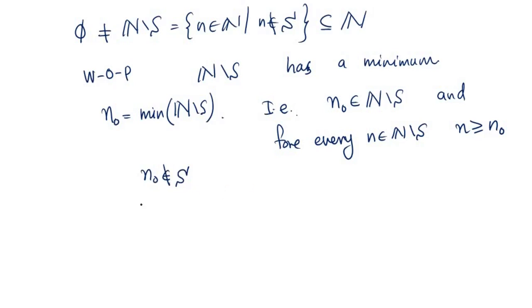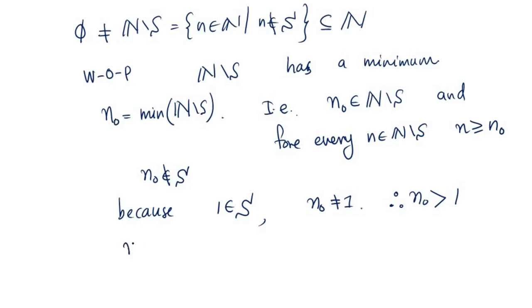But we already know 1 belongs to S. Because 1 belongs to S, n naught cannot be equal to 1. Therefore, n naught must be strictly larger than 1.